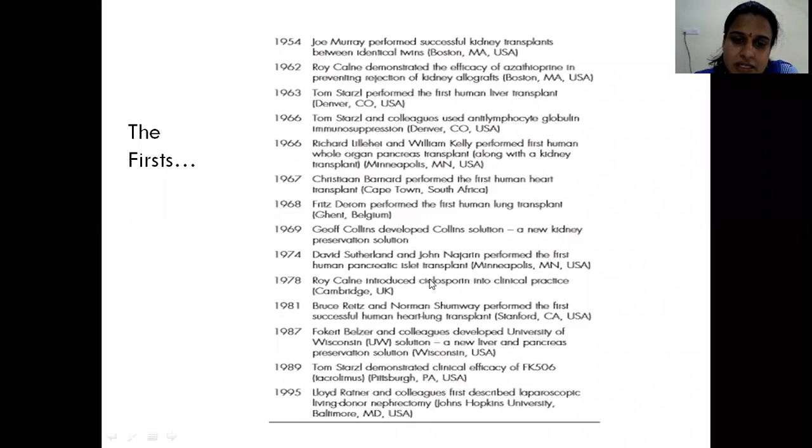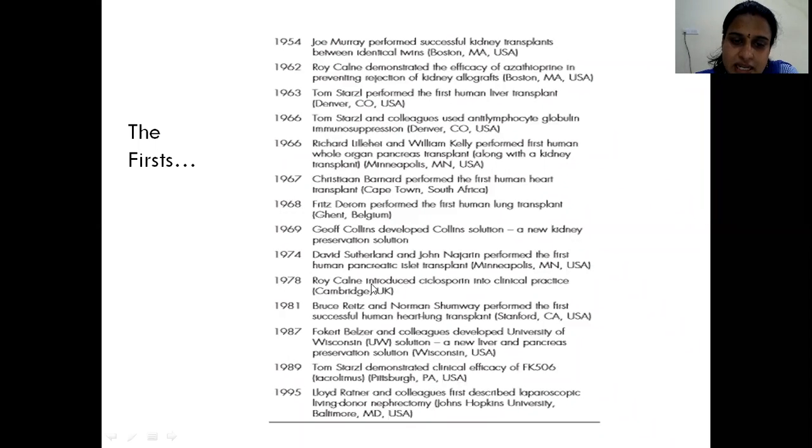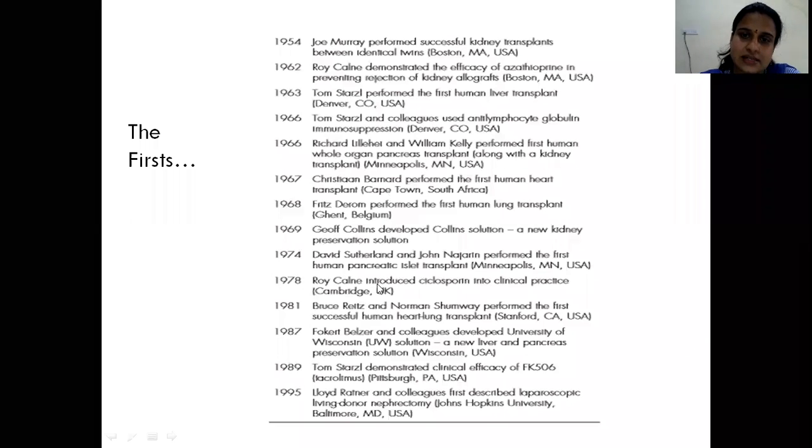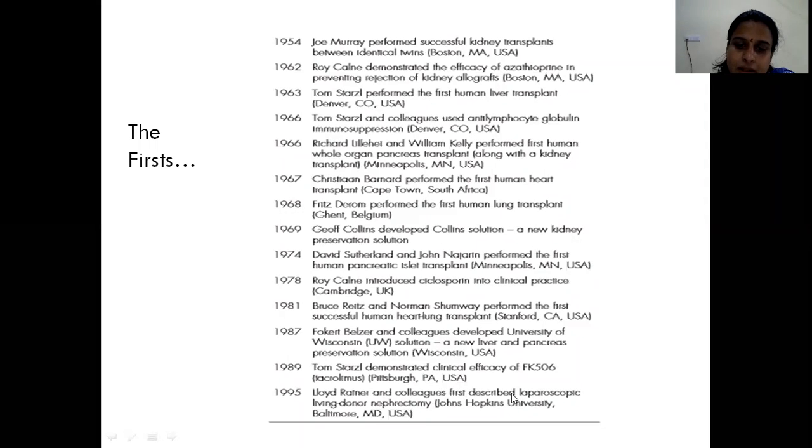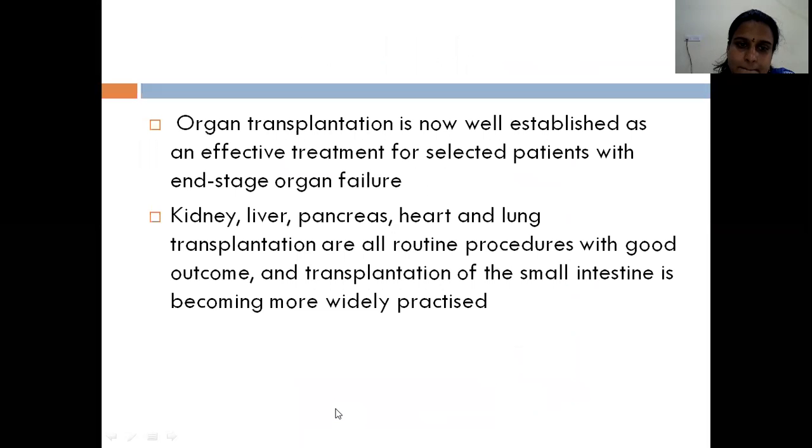Then cyclosporin was introduced in the 1970s, in 1978. The first successful heart-lung transplantation was later performed in 1981. Now the latest one is the description of laparoscopic living donor nephrectomy. This is a recent advance in 1995.